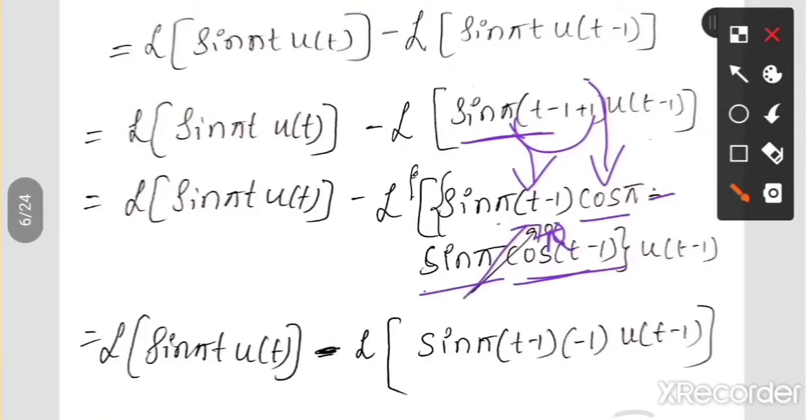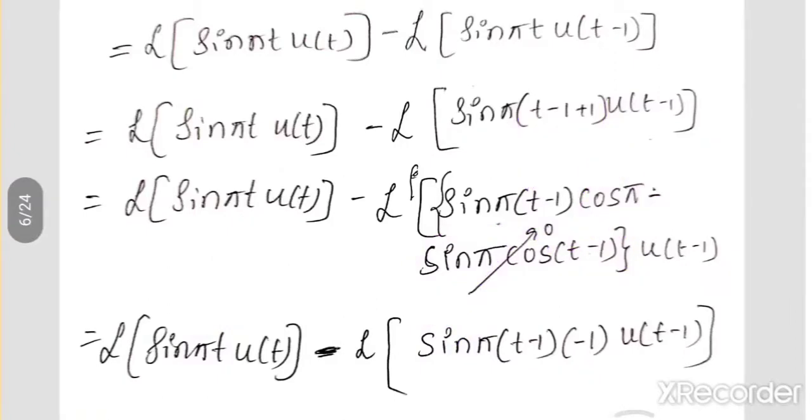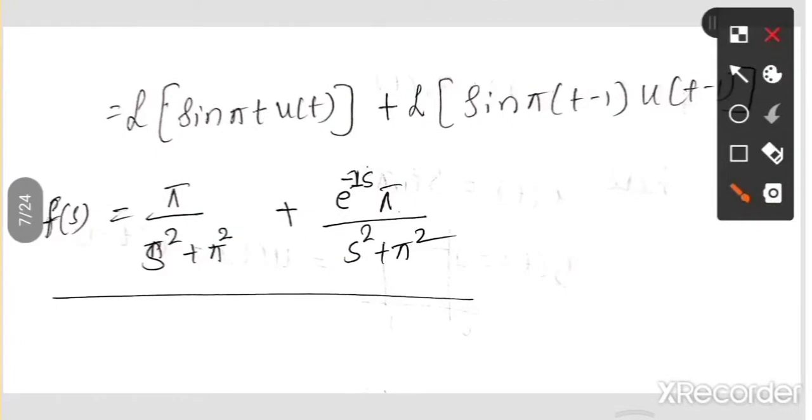Okay, and then same this you can keep as it is, and Laplace transformation of, you can get only first term, that is sin pi of t minus 1 into cos pi, okay, into u of t minus 1, where cos pi meaning is minus 1. You can substitute it.